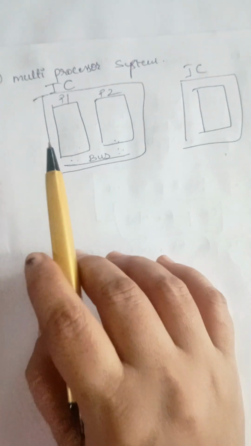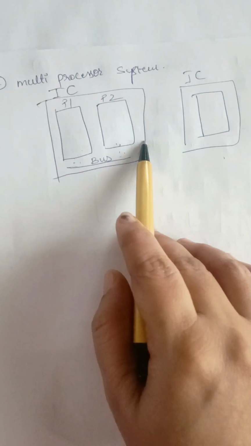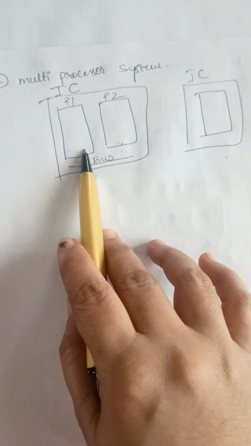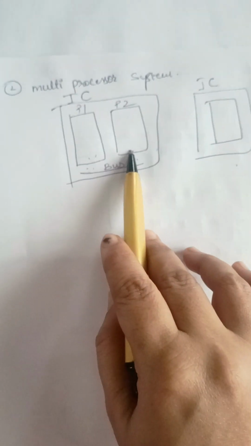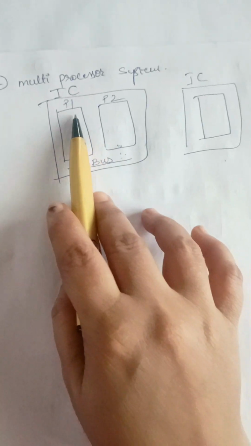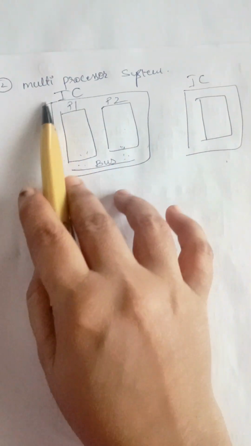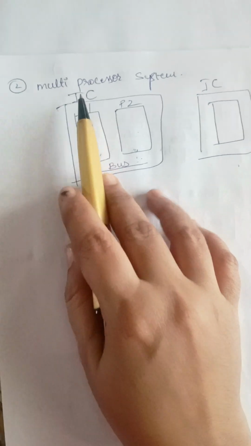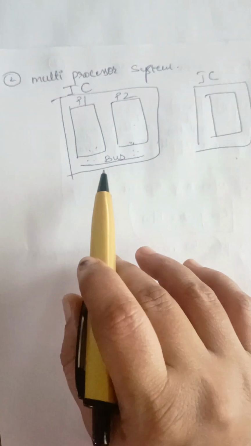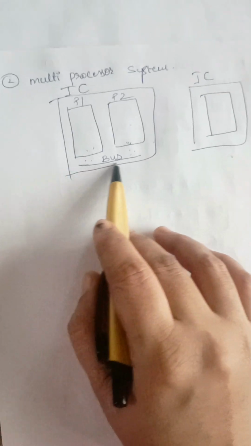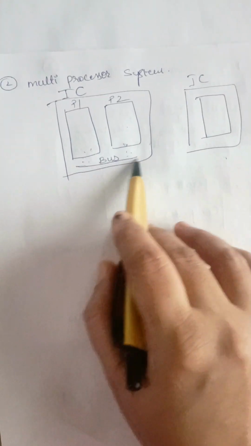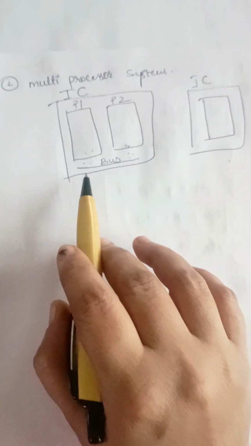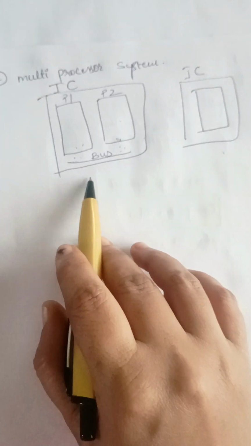Here two or more general purpose processors are designed in parallel in an integrated chip. Mostly the processors of these systems share the common system bus, and these are also called tightly coupled systems.